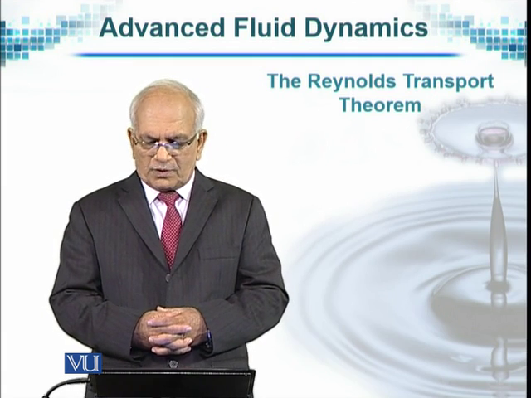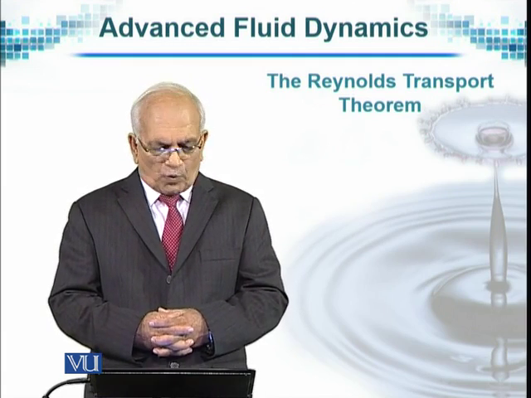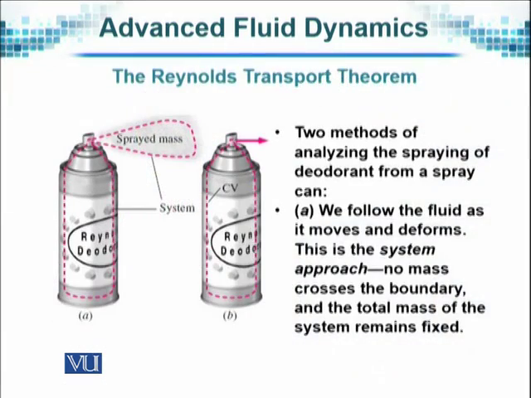The Reynolds transport theorem actually provides us a link between moving from the Lagrangian method to the Eulerian method. So it provides us a link between the two systems and the two methodologies that are used in the fluid flow or the motion of the fluid.